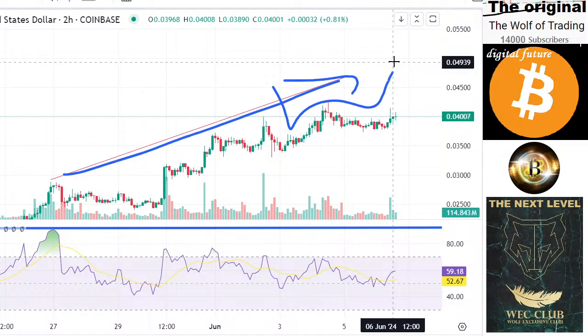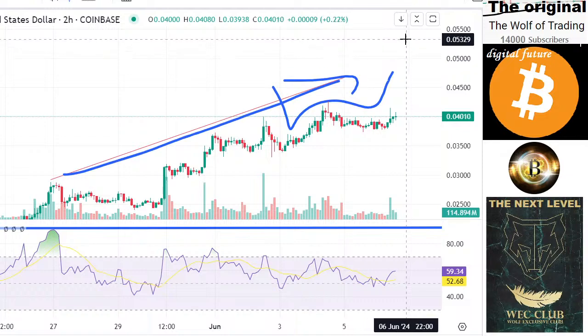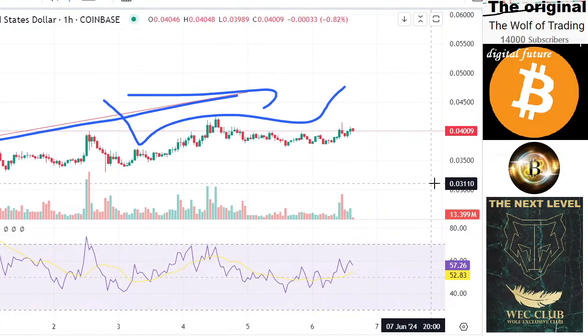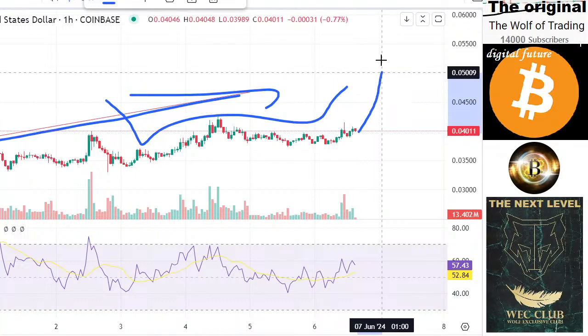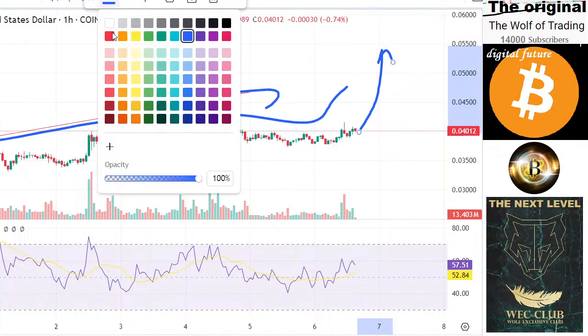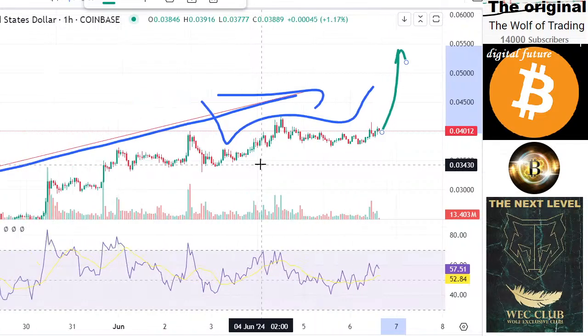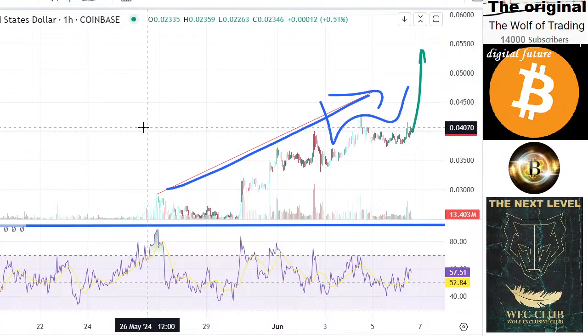So here 005 is potential, maybe 0055, but I really do not see the price going more than this. You can see I calculate with that, more I do not see. So this is absolutely negative.